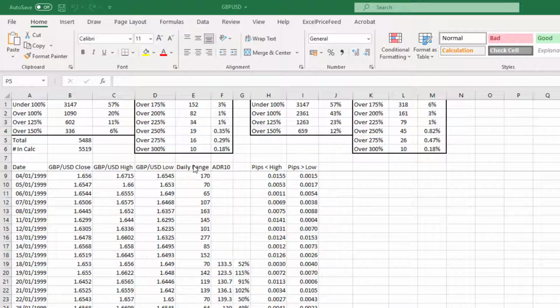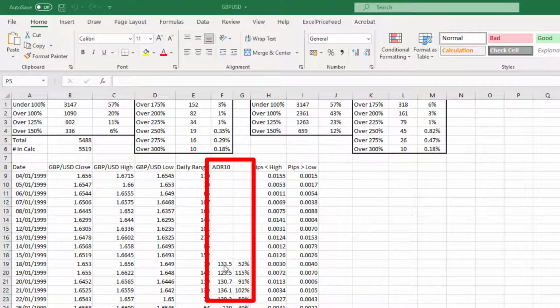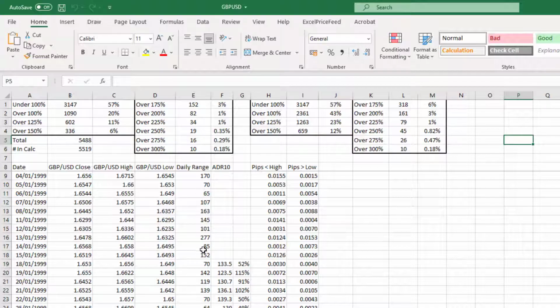And what I did was I calculated a new column which gave me the daily range for that particular day for this currency pair, and then a new column which gives me, in this case, the ADR 10 figure. So this is a calculation which takes into account the previous 10 days and averages it out, and then it gives us a percentage for that particular day.